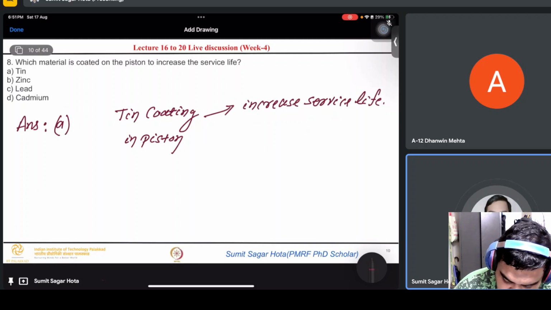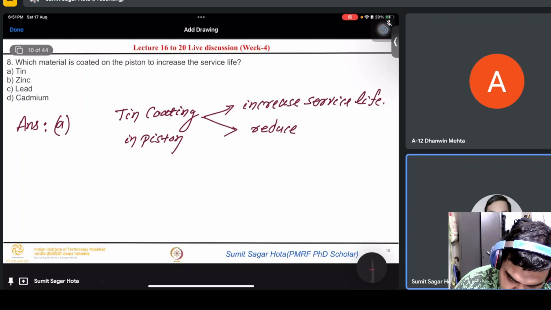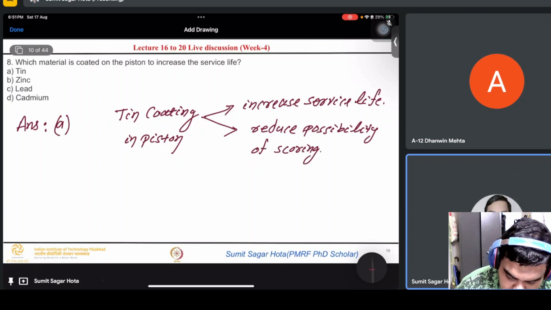It increases the service life, which in turn means it reduces the possibility of scoring, which in turn damages the piston. Also it prevents oxidizing and any kind of corrosion.